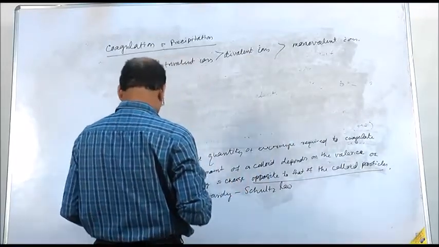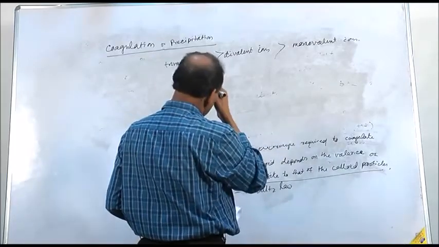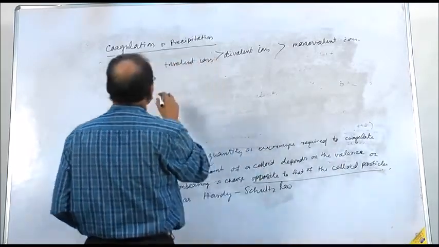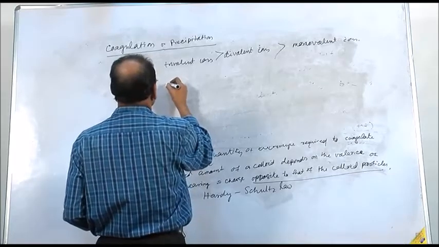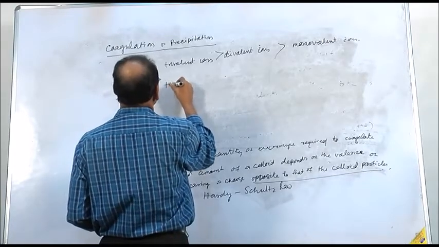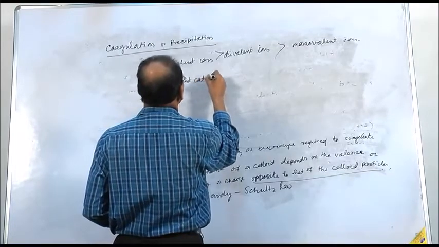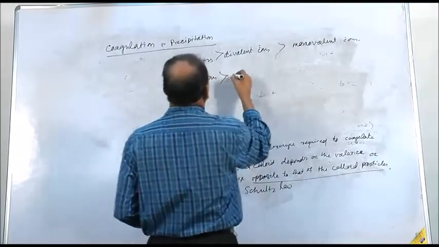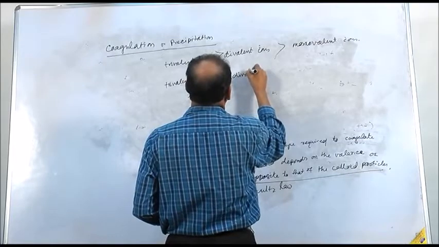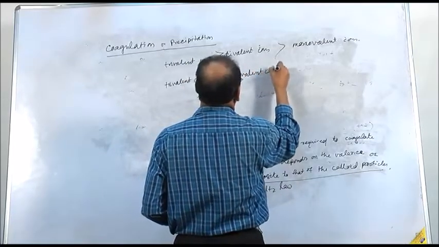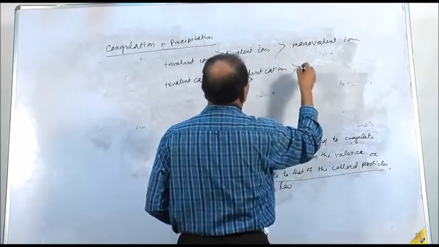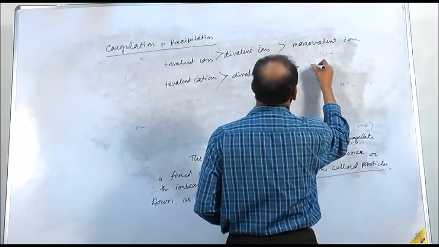Similarly, trivalent cations are greater than divalent cations, which are further greater than monovalent cations.